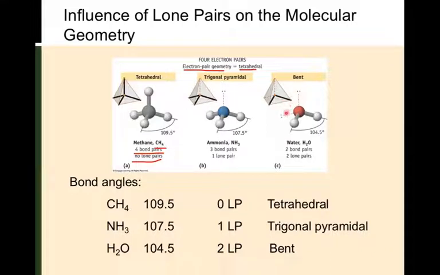These 2 lone pairs repel each other, the lone pairs repel the bond pairs, and the bond pairs repel each other. So we have 2 bond pairs and 2 lone pairs. Methane has a 109.5 degree bond angle, 0 lone pairs, tetrahedral molecular geometry. Ammonia, 107.5 degrees, 1 lone pair, trigonal pyramidal. Water, 104.5 degrees, 2 lone pairs, bent molecular geometry.